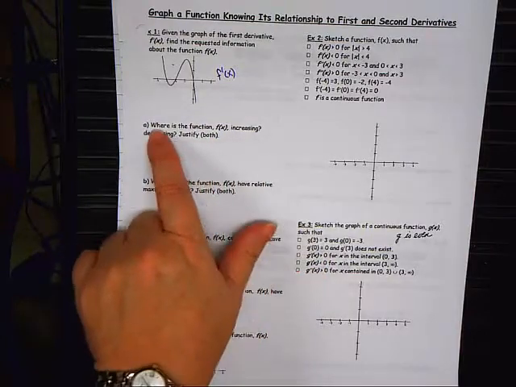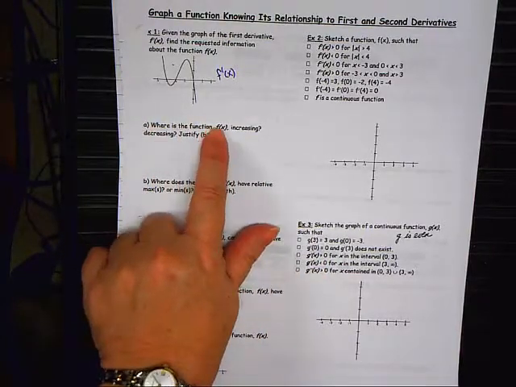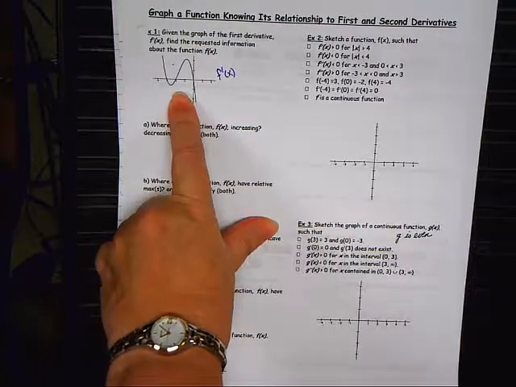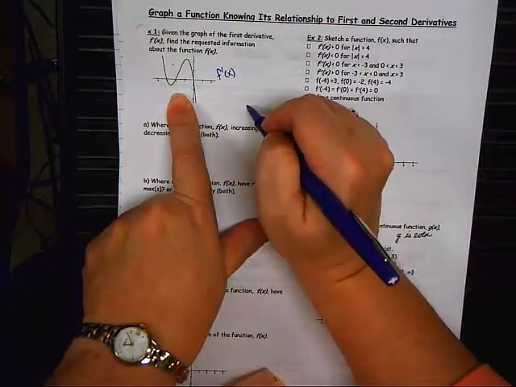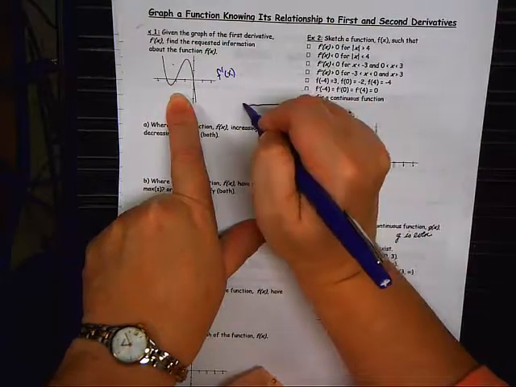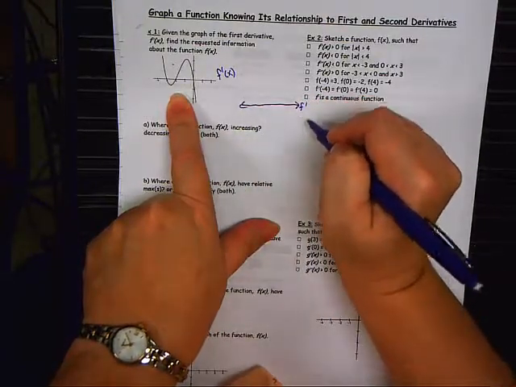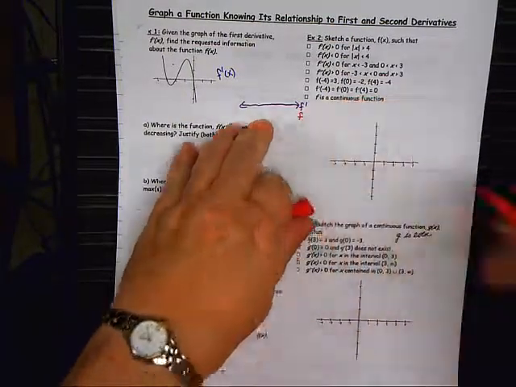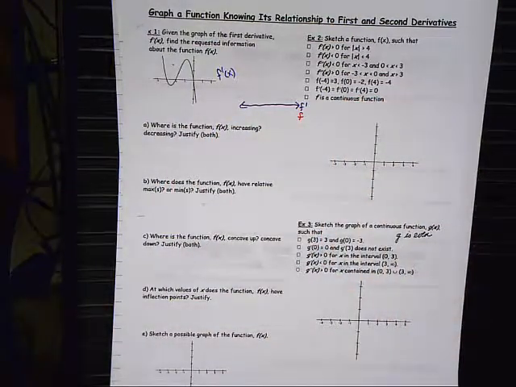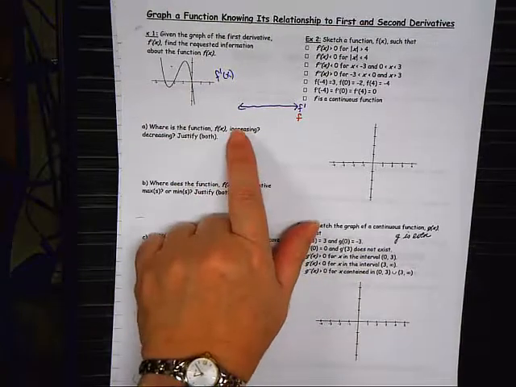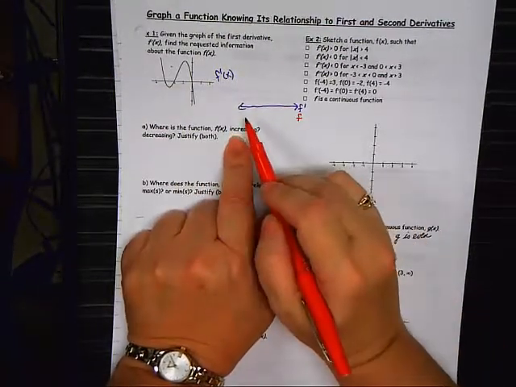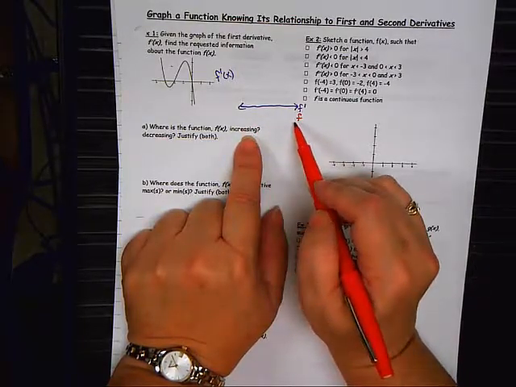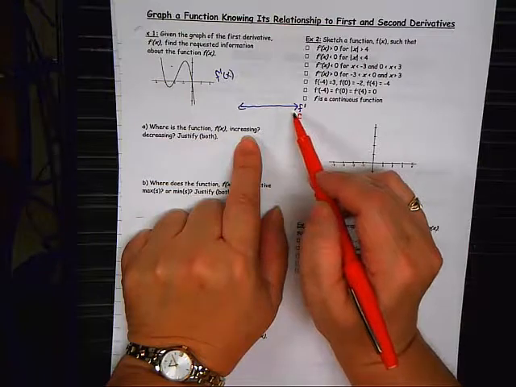We've done this before. Where is the function f of x increasing based on what I see right here? Okay? So let's talk about this in terms of a number line. An f prime number line, and I know what f prime looks like. I want to know some stuff about f. So, when we do the symbols of increasing and decreasing down here, what symbols do we end up putting on the f prime number line?